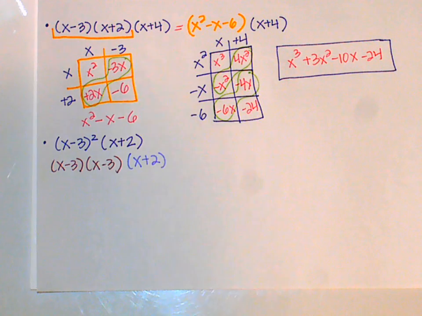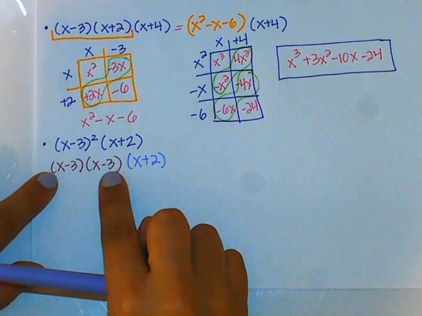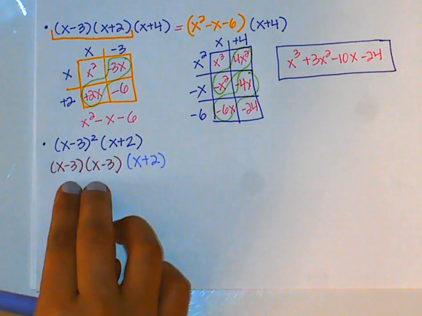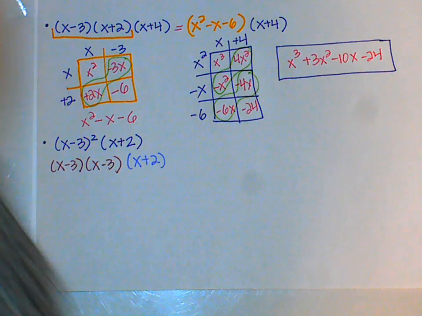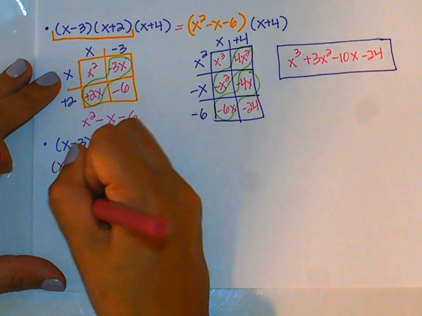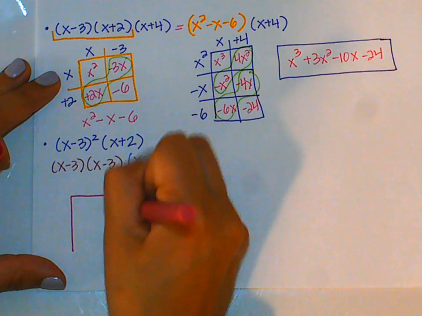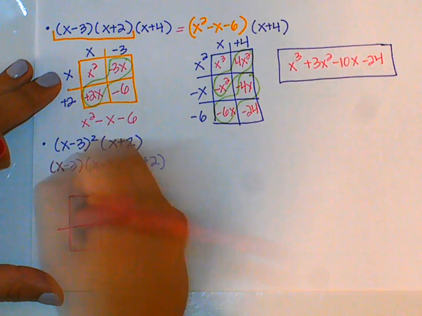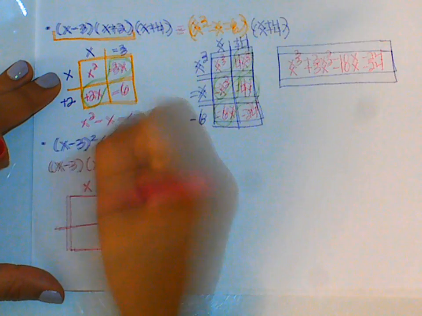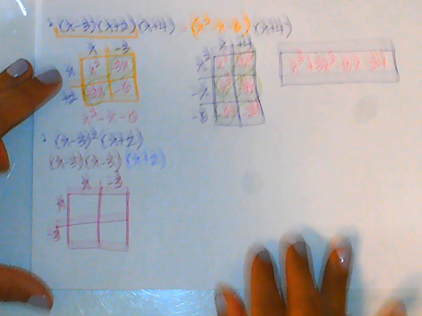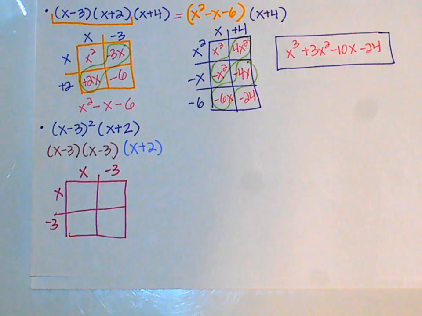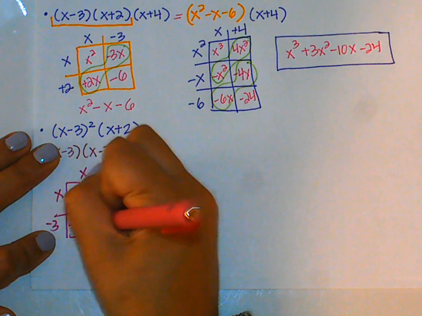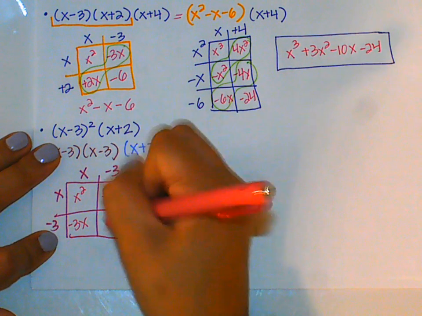Now this worked out nicely with my colors because now I'm going to focus in just this part first, in this reddish purple color. I'm going to do my area model. It probably didn't need to be this big, but that's okay. Okay, I get x squared minus 3x minus 3x and then plus 9.